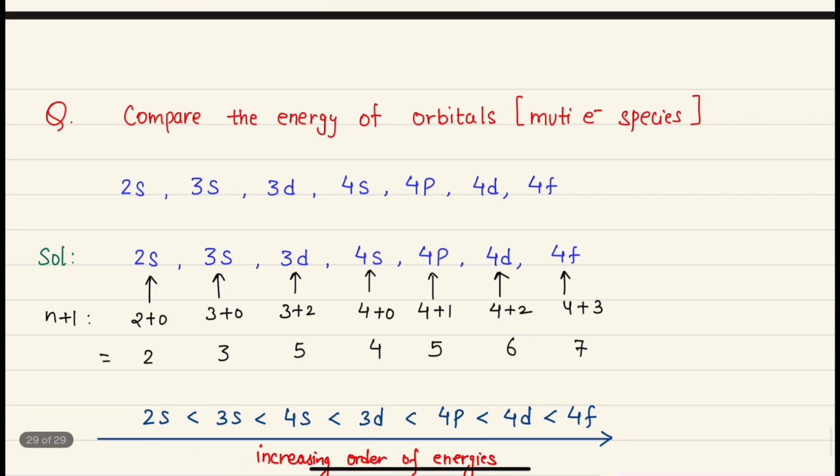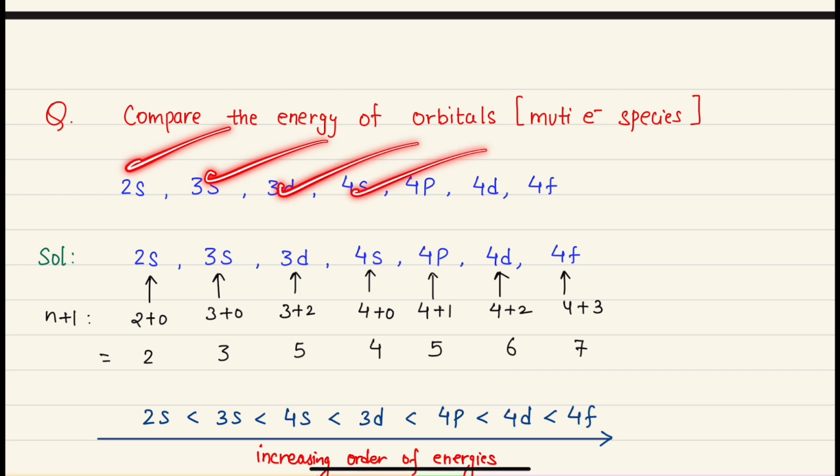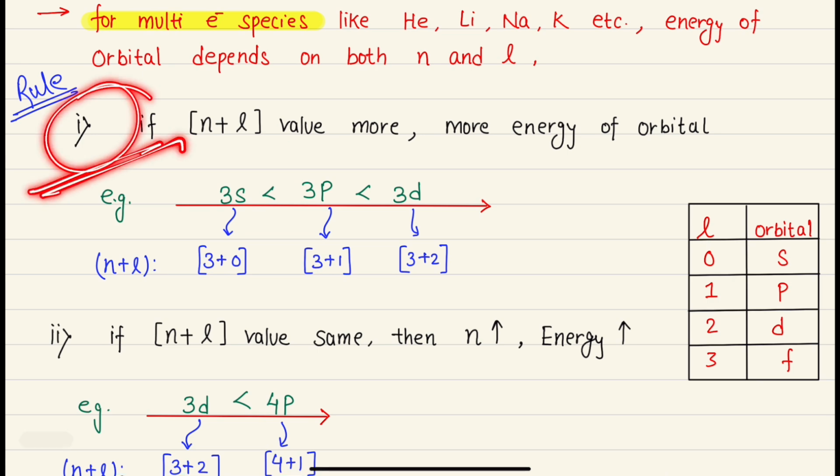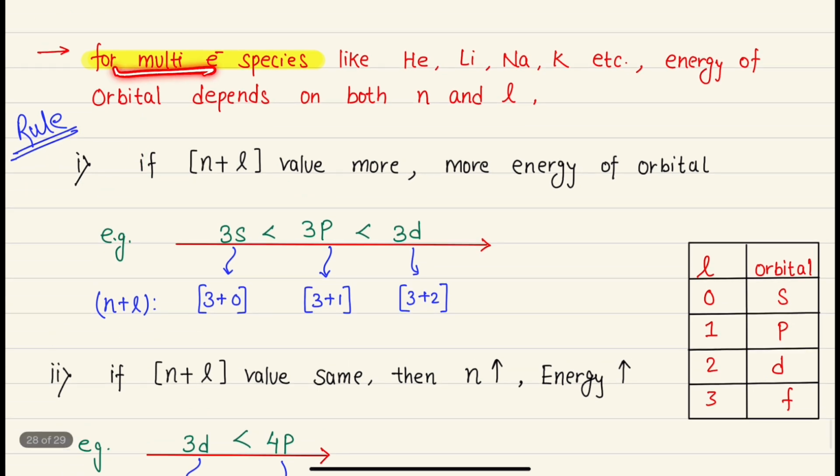Understood? Now let's take some questions here. Compare the energy of orbitals, considering multi-electron species. So we have some orbitals here: 2s, 3s, 3d, 4s, 4p, 4d, 4f. First of all, apply rule number 1, because we are dealing with multi-electron species.